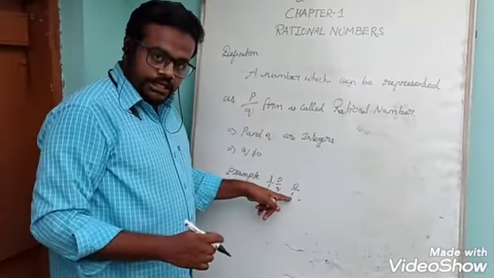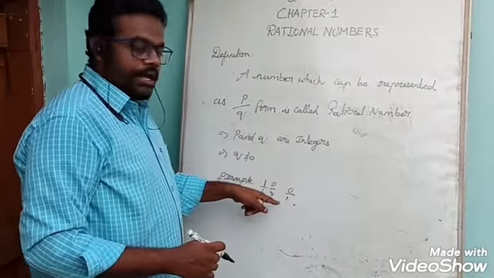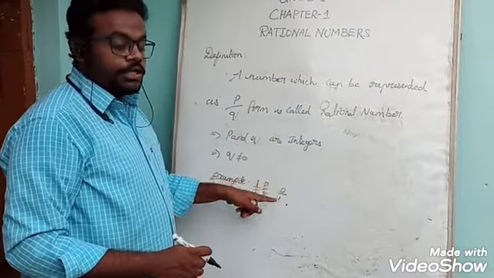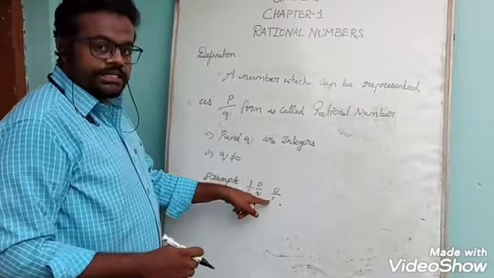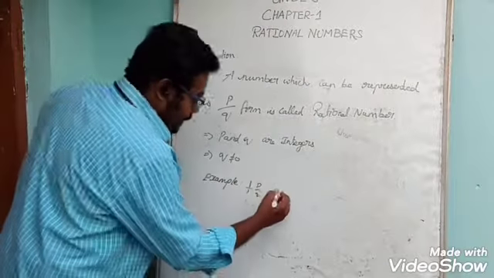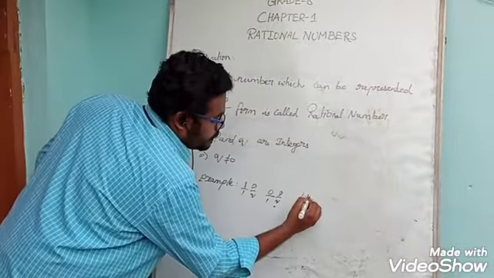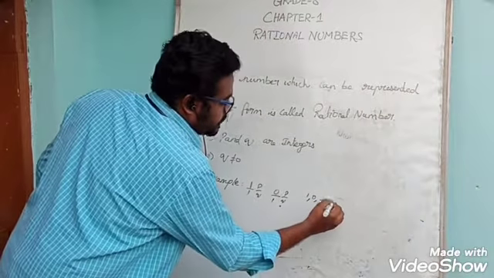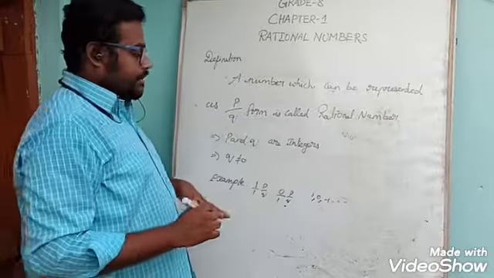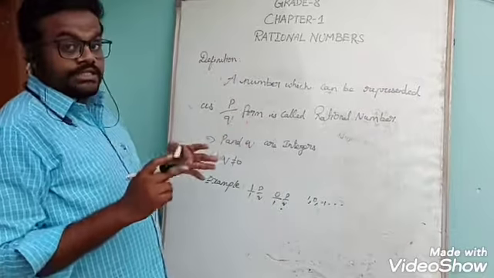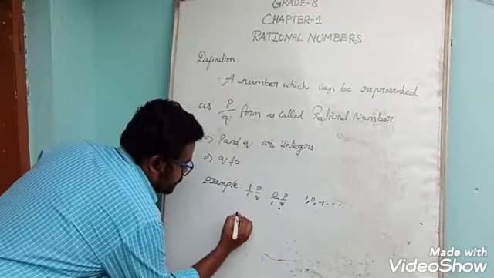So Q is not equal to 0. P and Q are integers, 1 is an integer and 0 is also an integer, so it is also in the form P by Q. So 1, 0, minus 1, these are all rational numbers. And already I told you integers are also included in rational numbers.